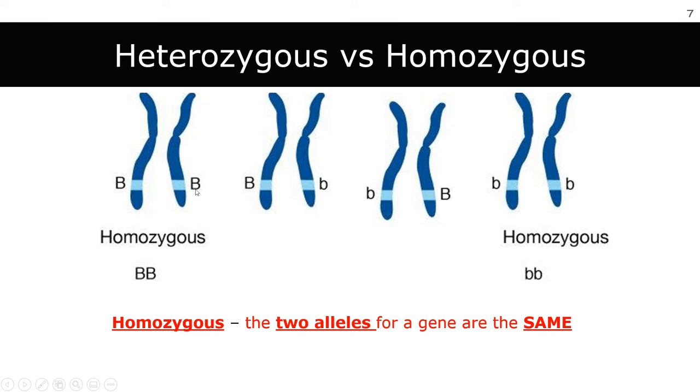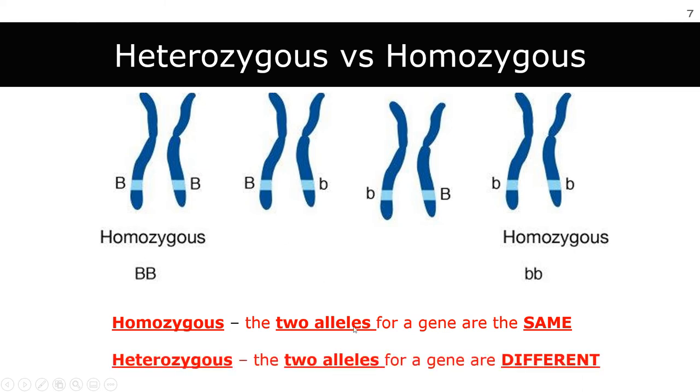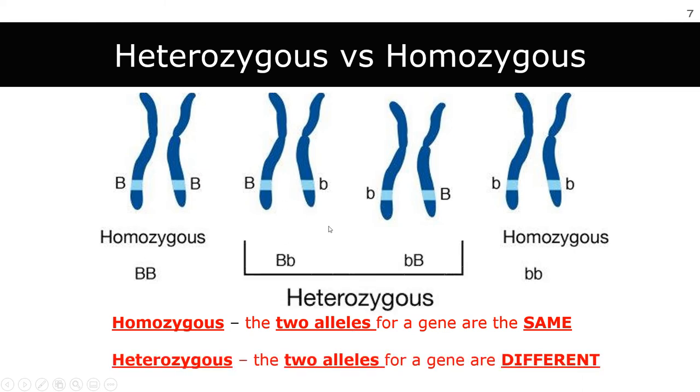So homozygous means that they're matching, and heterozygous means you have a mix of alleles. These two in the center would be considered heterozygous because I have one version of a gene represented by the uppercase B and another version of the gene represented by the lowercase b. In this case, we're pretending that there are only two versions of every gene.